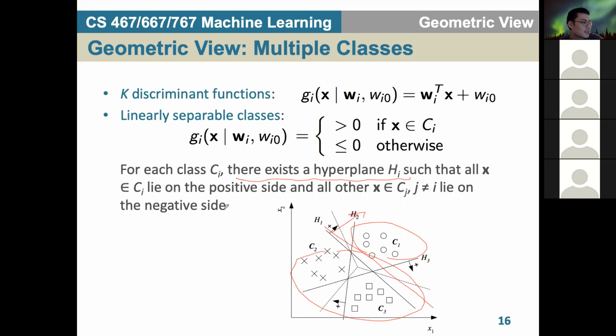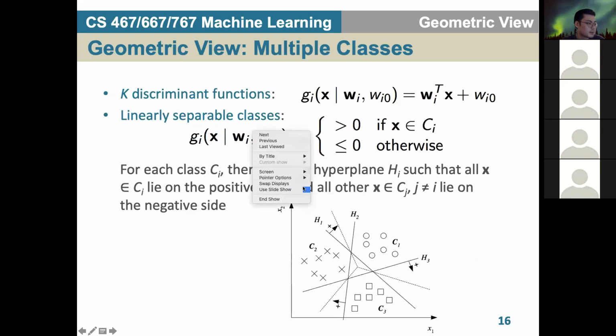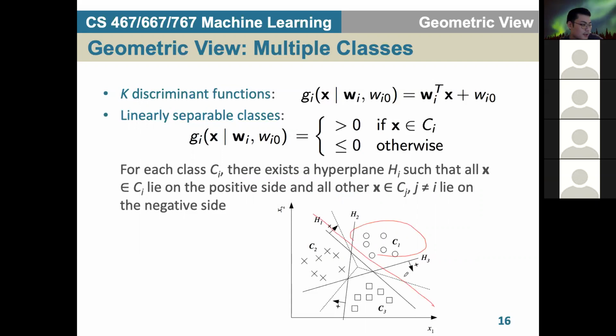So C1 is on the positive side, all the others lie on the negative side. Then we call it linearly separable. In this example, they are linearly separable. You can see it. For example, if you look at this class, you can use this one.